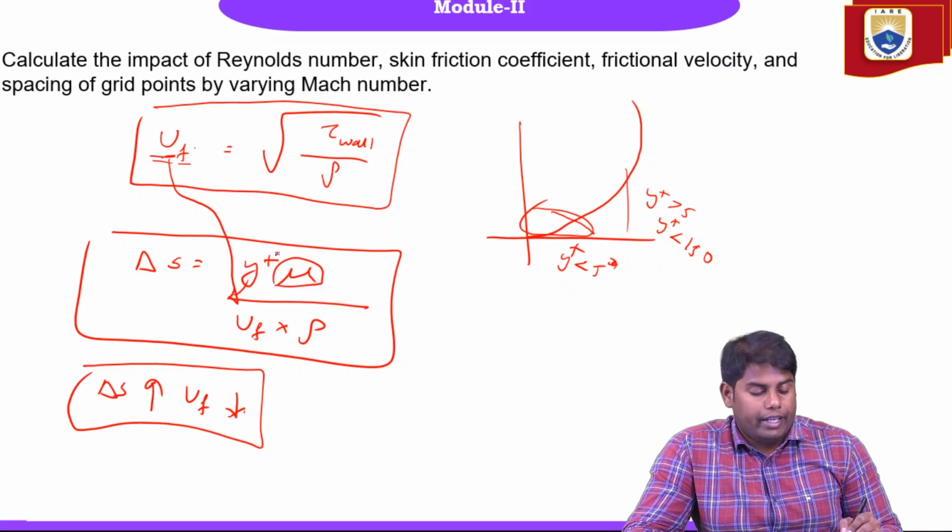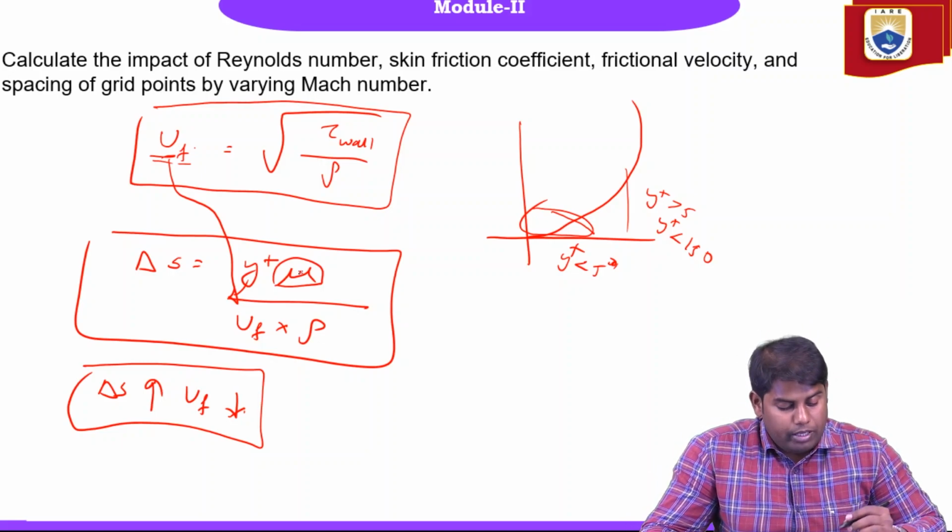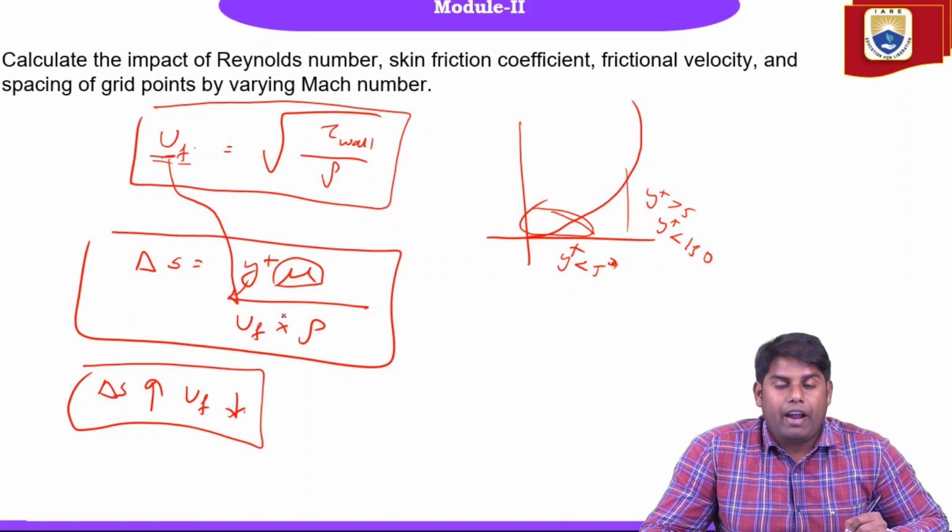If you take air, the mu value will not change, and the density value will not change, or if there is a change, it will be very slight. But the major factor is uf, the frictional velocity, which is going to change the spacing.